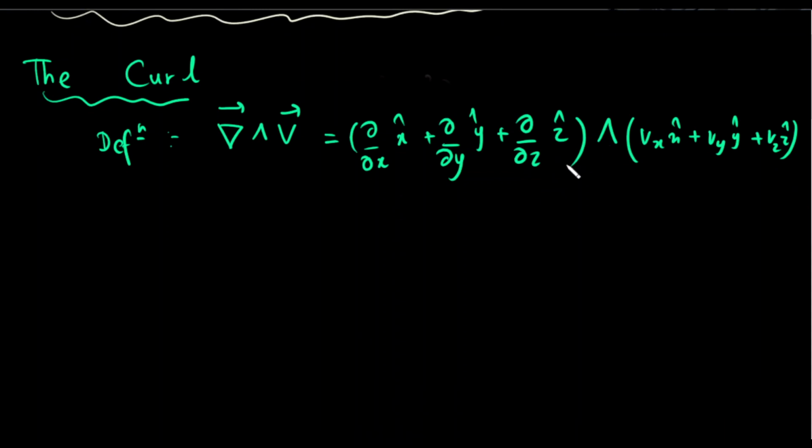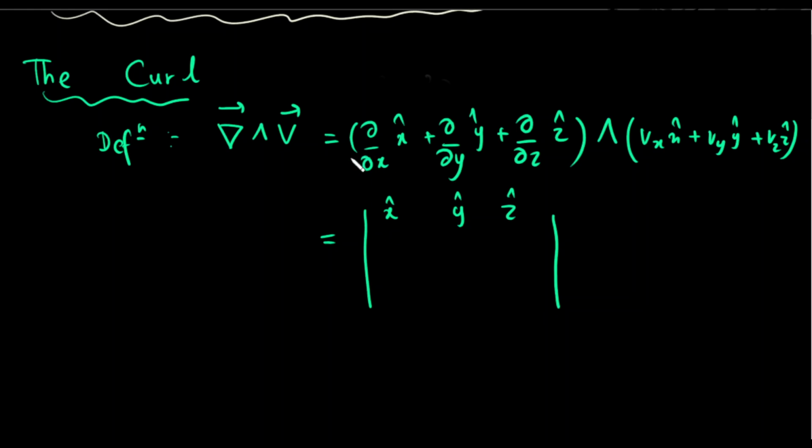Now you have two vectors and the cross product between them. You can use the matrix format, or you can use the determinant format. So what you can do here is that you have x hat, y hat and z hat. The first vector is the del operator, and its components should be written in the middle of this determinant.